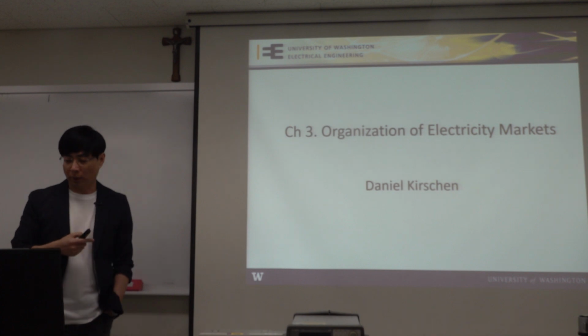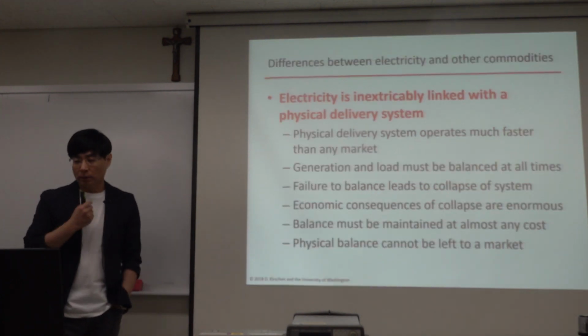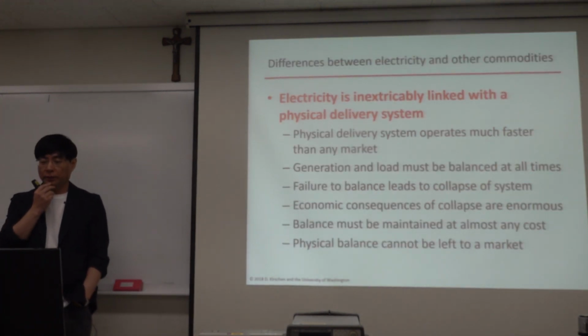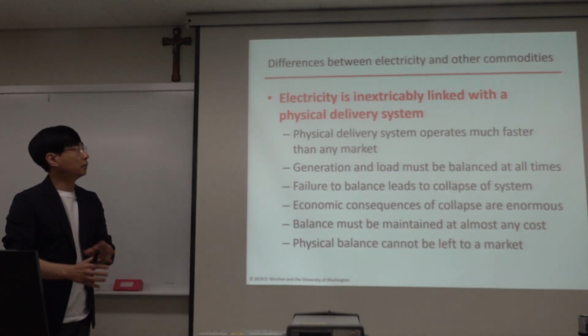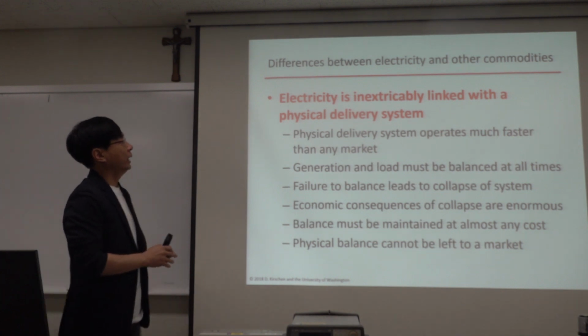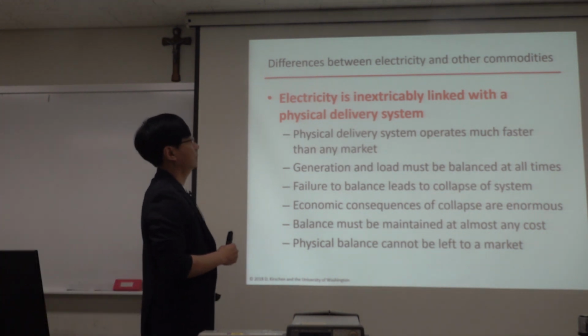Last time we talked about the organization of the electricity market briefly. We discussed the difference between general commodities and electricity. The first one is that electricity is inextricably linked with a physical delivery system.